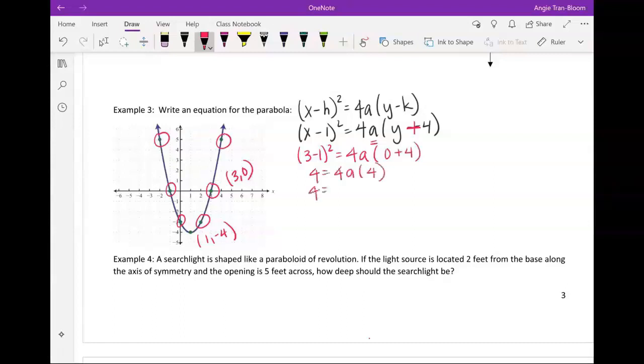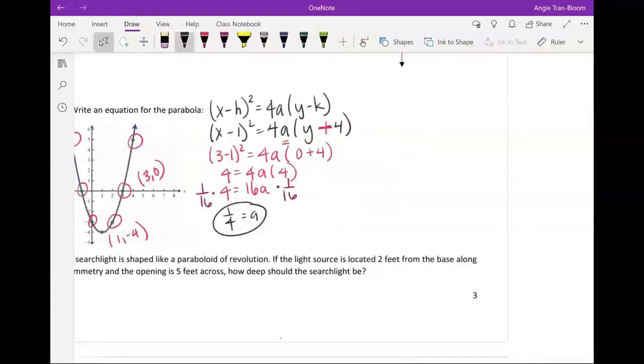That's 4 equals 16a. To get rid of 16, we are going to multiply by 1/16 or divide both sides by 16. This will give us 4/16, which is a quarter. So your a is a quarter. Then all we have to do is plug it back in. Final answer is going to be x minus 1 quantity squared equals 4 times 1/4 times y plus 4.